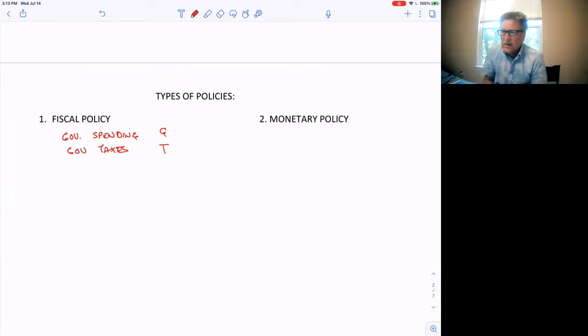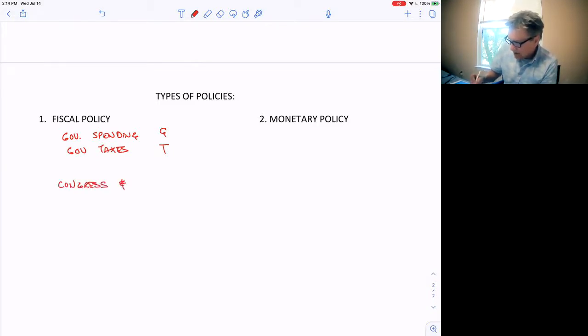G directly, taxes indirectly, because it changes the amount that people have left over after their taxes to spend. So increasing taxes means that people have less money to spend, and so consumption will fall if taxes go up. Fiscal policy is done by Congress and the president.